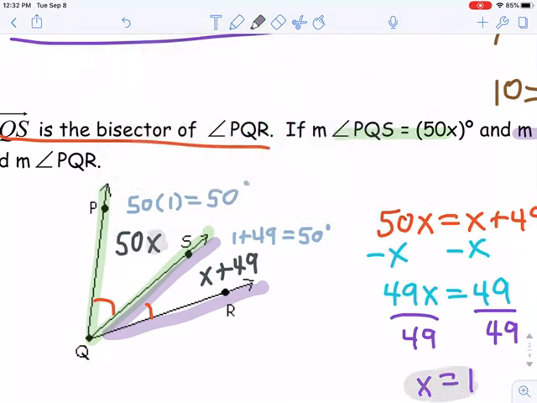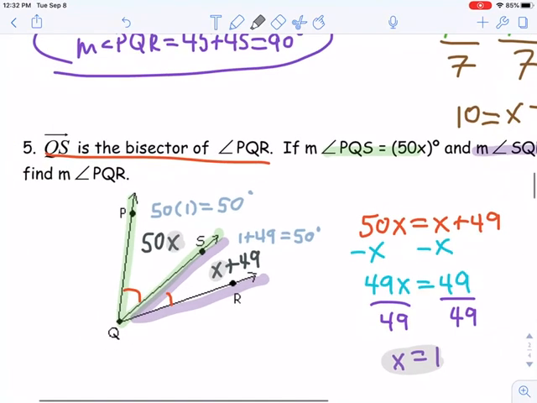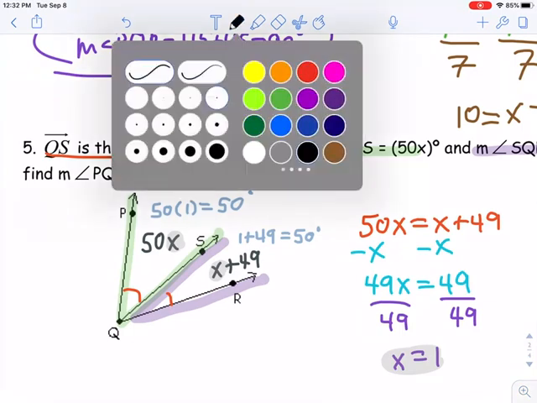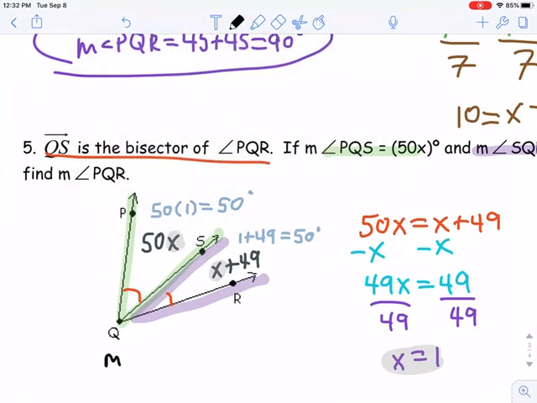So where I see x there, I'm going to do 50 times 1. Where I see x right there, I'm going to do 1 plus 49. And then since both parts are 50, the measure of angle PQR is 50 degrees plus 50 degrees, also known as 100 degrees.